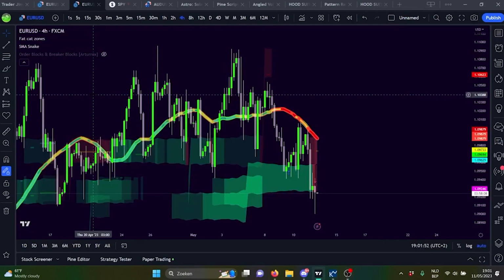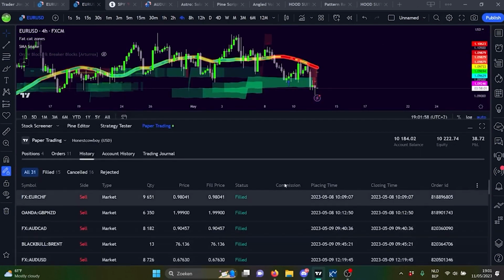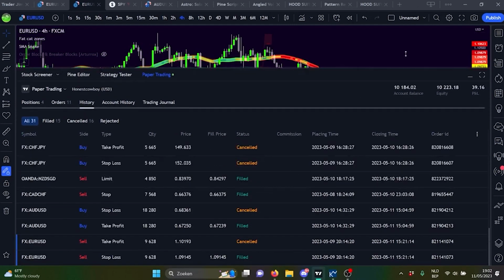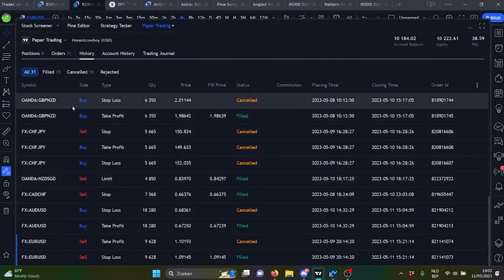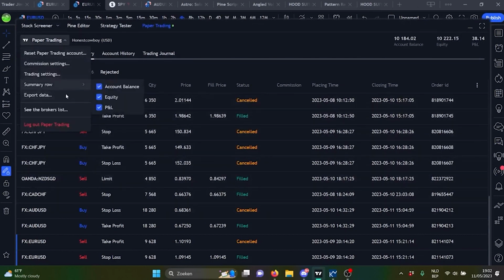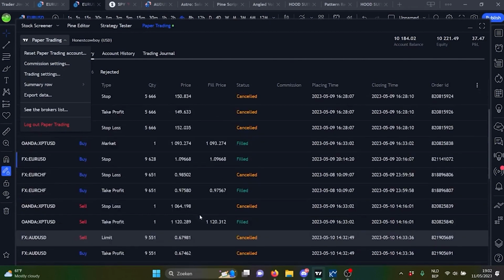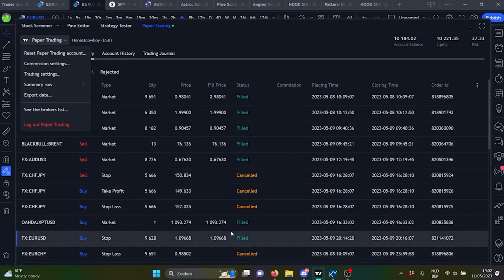Okay guys, 7 o'clock. We had some reaction from the news. They're going up a lot. We got some losses, we got some wins. Well, this history doesn't really show a lot. We're gonna spend some time finding something where you can export this data and then make a better trading journal from this, because I want to see the past wins and losses and get a nice graph going.